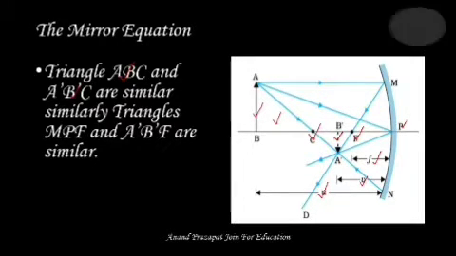So in case of ABC and A'B'C, AB by A'B' equals BC by B'C, and in case of MPF and A'B'F, MP by A'B' equals PF by B'F. Since AB equals MP, we get BC is to B'C, and PF is to B'F in proportion.